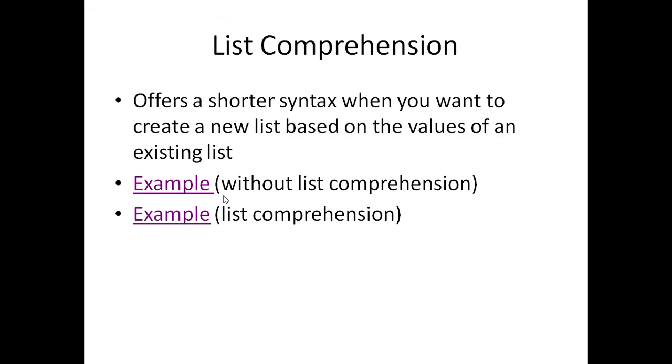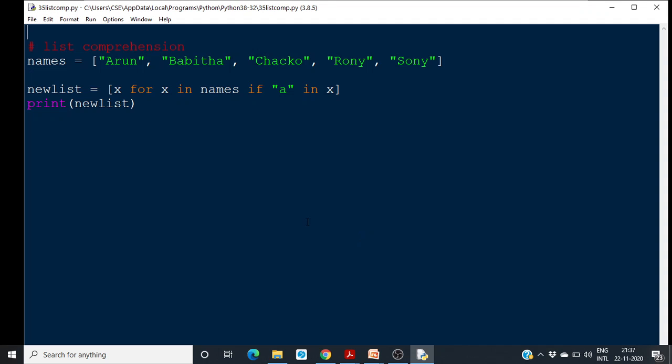If we use list comprehension, we can replace the same lines of code with a single statement. So this is the names list, and if I want to create a new list, you can simply write new list equal to square brackets and x. And you can write the iteration here, for x in names.